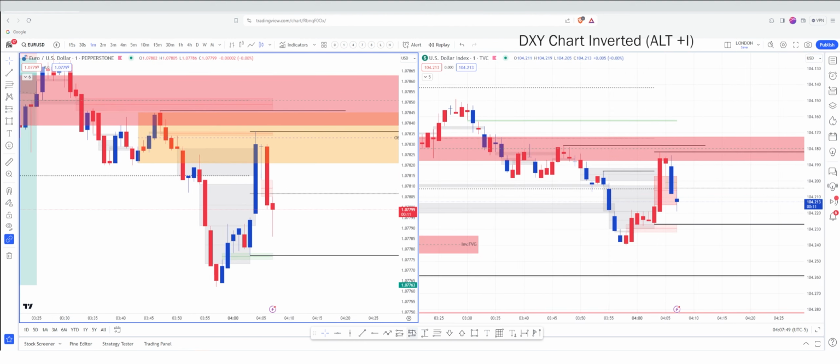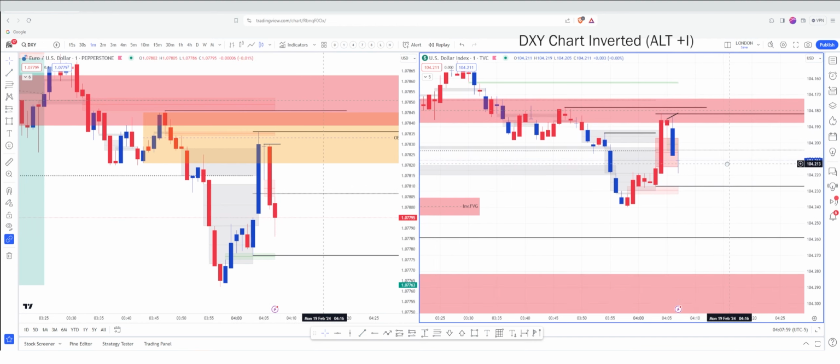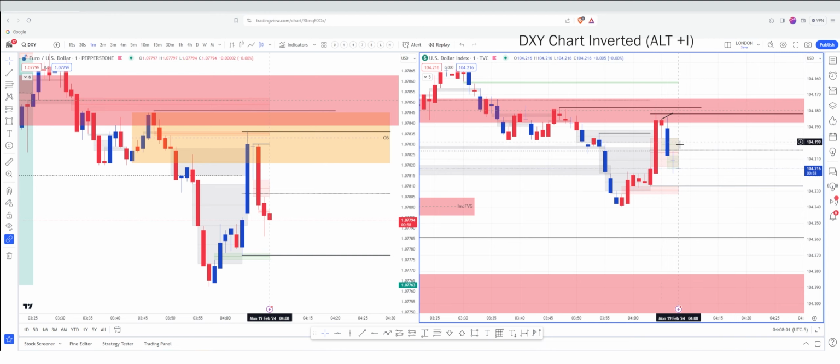You've created relative equal highs here. And this did create a high there. Very minor. Obviously we're not closing.